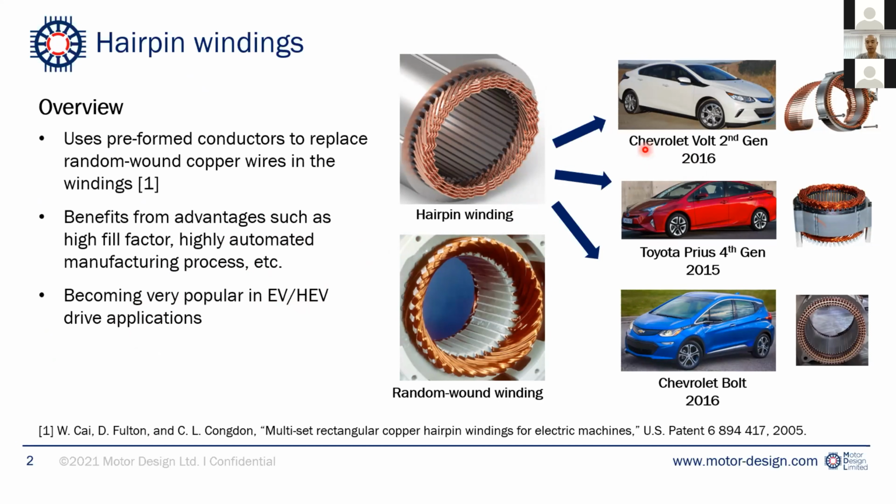For example, the Chevrolet Volt second generation since 2016, the Toyota Prius since the fourth generation, and recently the fifth generation, and the Chevrolet Bolt 2016. They are all using hairpin winding technologies for their electric motors.